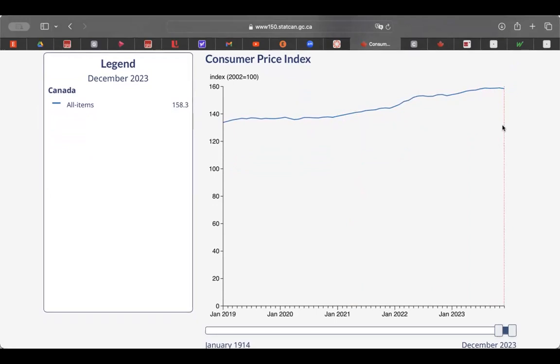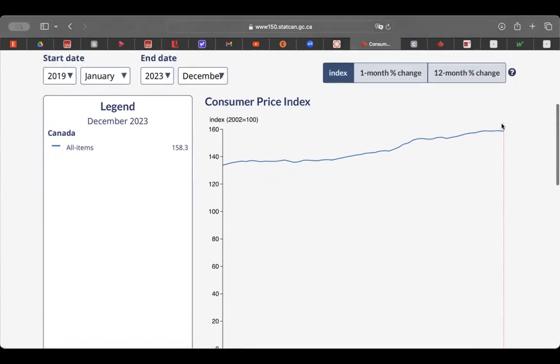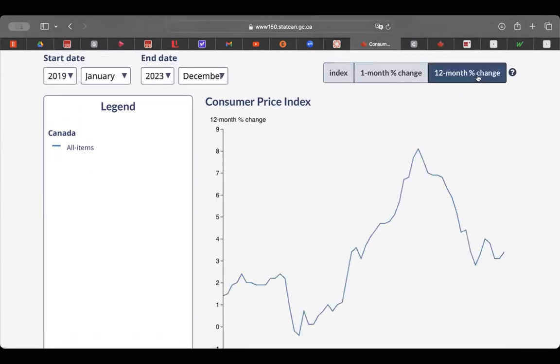But then the question is, how much have prices increased between January 24 and January 23? For that, you've got to look at the growth rate between this value, 153.9, and, well, we don't have the data for January yet, but that will be for December, whatever that value is. So that's what this will give you, okay?